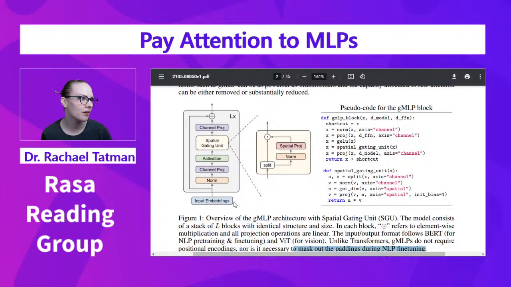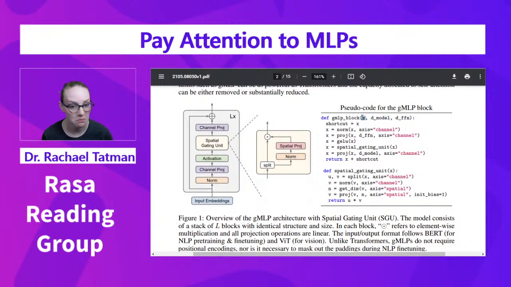I'm trying to figure out if I want to try and figure out what this is here, or if I want to read their description first, and I think I want to read their description first and then come back here. But the pseudocode is for the gMLP block. Got a shortcut X. So this is the model. This is the feed-forward network.